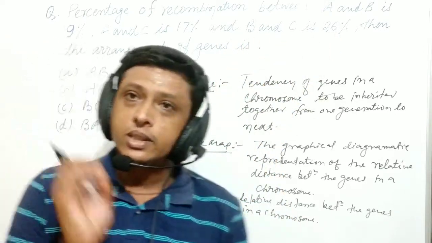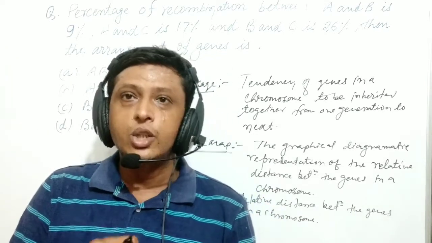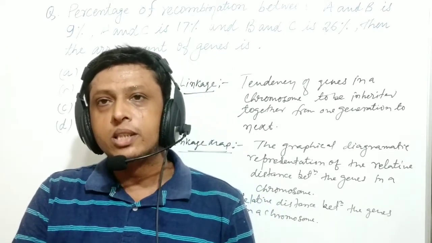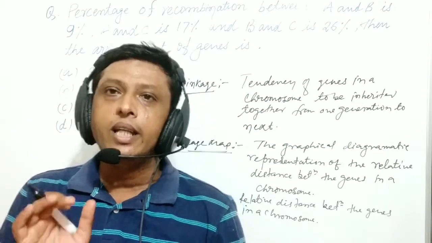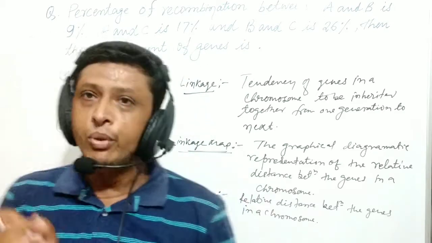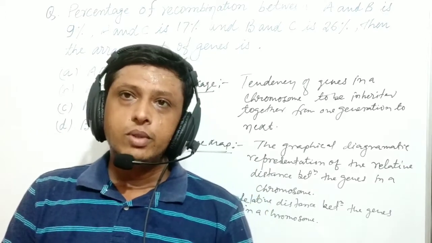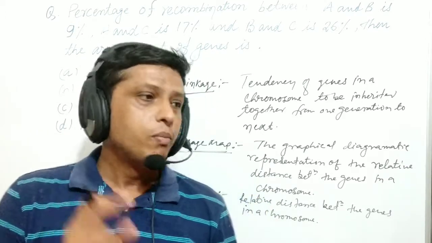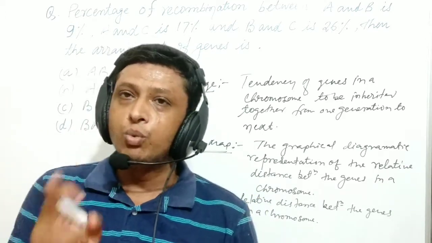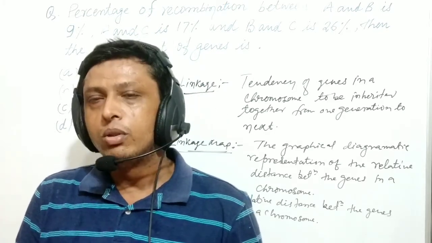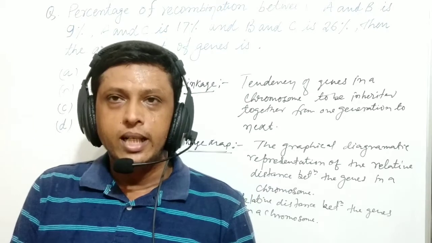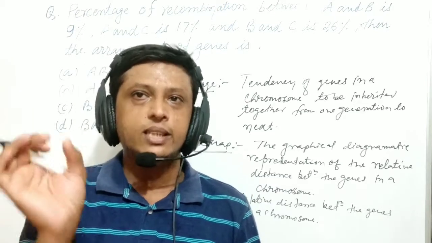The percent of recombination is equal to the map distance between the genes, and map distance is measured in map units. One map unit, that is 1% recombination, is equal to one centimorgan.